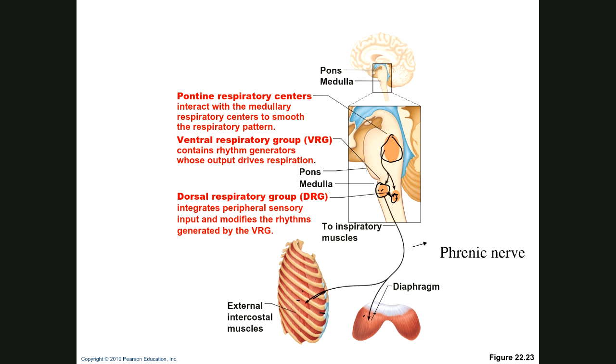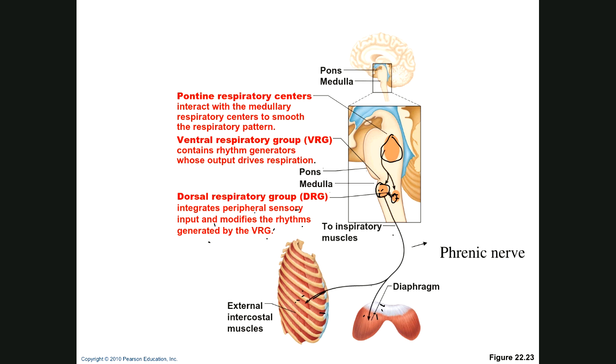So the dorsal respiratory group is the one that integrates peripheral sensory input and modifies the rhythm generated by the VRG. Okay, so VRG is telling the DRG turn on, turn off, turn on, turn off. DRG is connected to the muscles, and so when it turns on, it contracts the muscles, then it turns off, relaxes the muscle, and there's the rhythm.